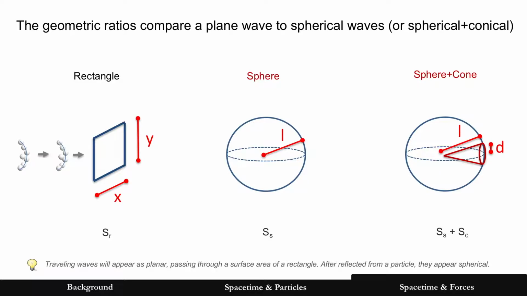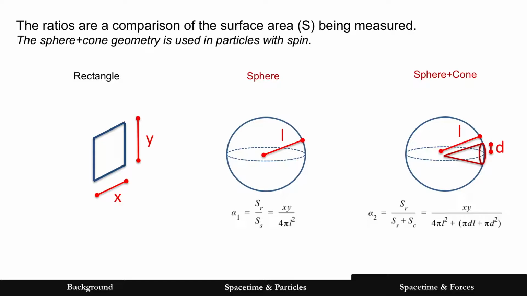So going back to those traveling waves, planar, passing through a surface area represented by the rectangle, and then the other two geometries are the sphere and the sphere plus cone. And that's what the equations look like for surface area if you compare these as geometric ratios.